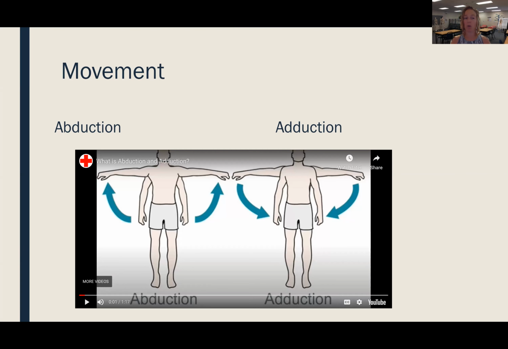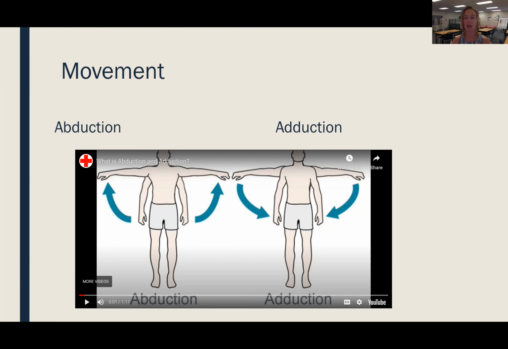So while we're learning this, I think it's helpful to say abduction and adduction. So abduction is away from the body. What else was away from the body or away from the midline of the body? Lateral movement. Yes, so you can see how in this picture, the arms are being moved away from the midline of the body in abduction.